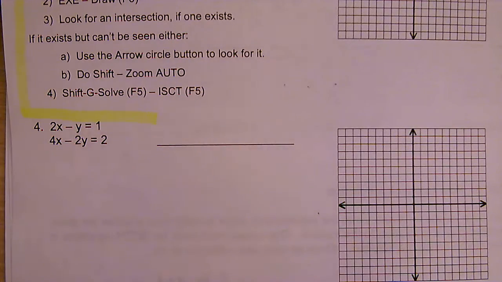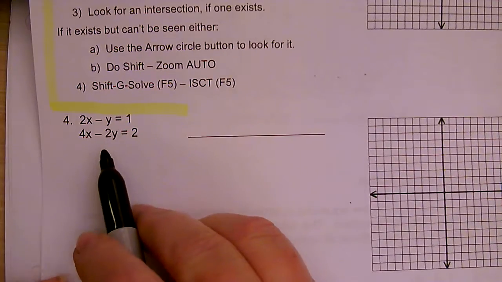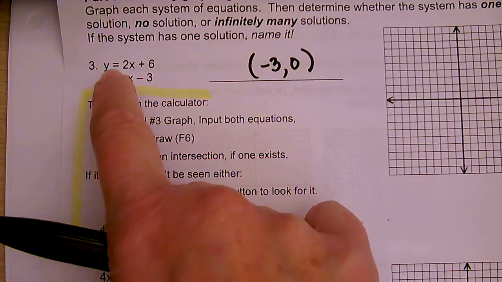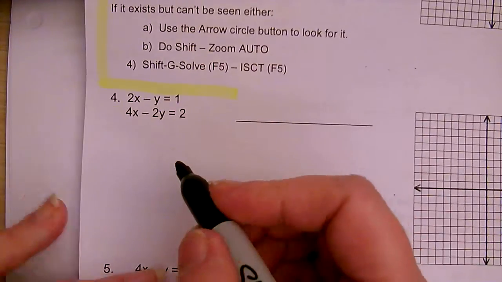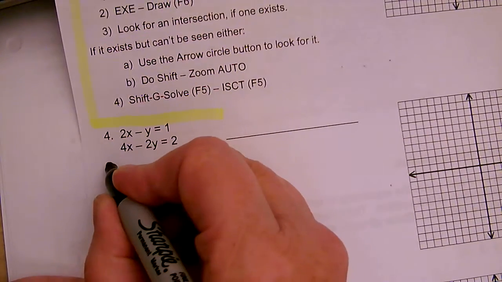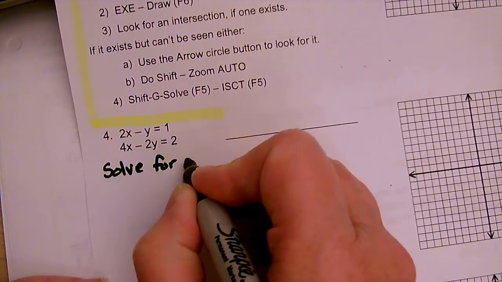Unfortunately, what happens here is this one's not ready to go. The first example, the equations were already y equals. These are not. So I'm going to have to take each of the equations and solve for y. This step right here is called solve for y.